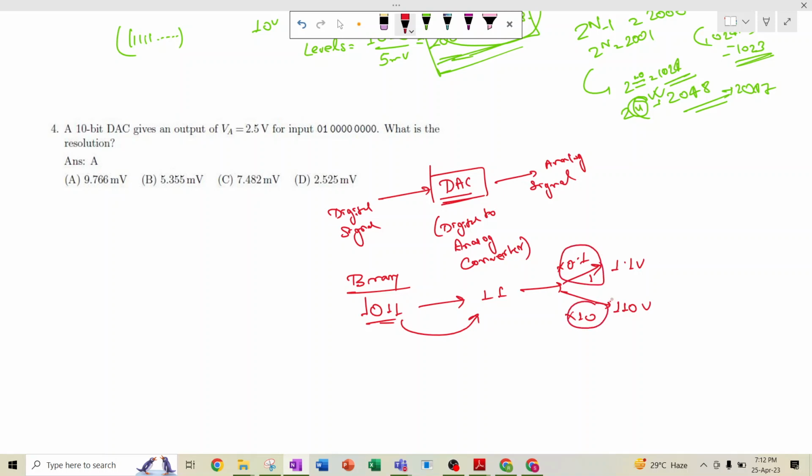So you can say 1011 means 1 into 2 cube plus 0 into 2 square plus 1 into 2 to the power 1 plus 1 into 2 to the power 0.